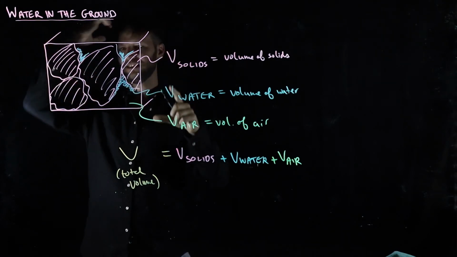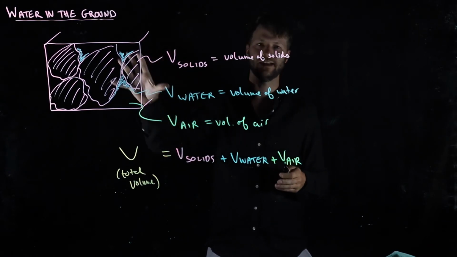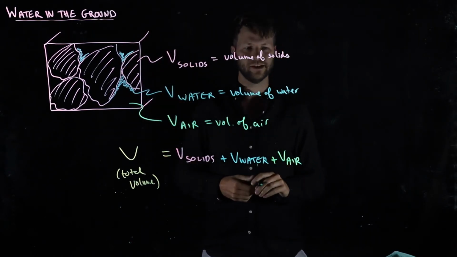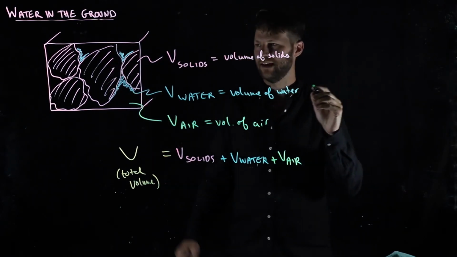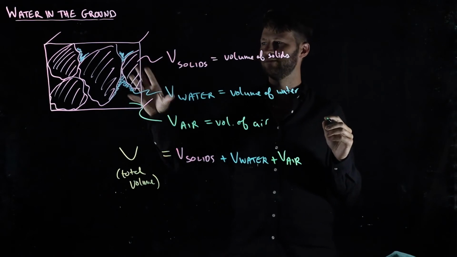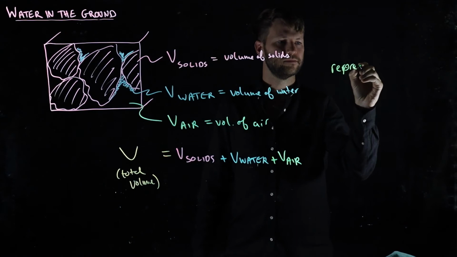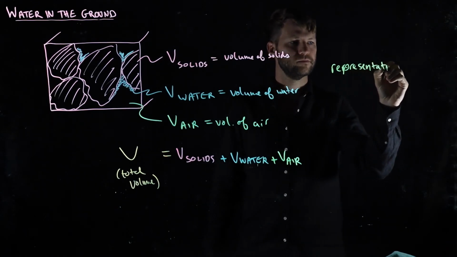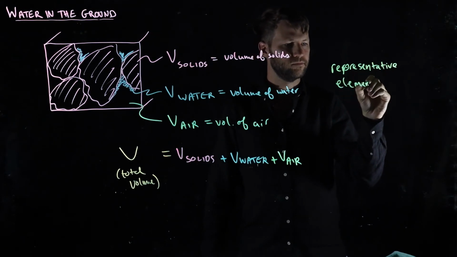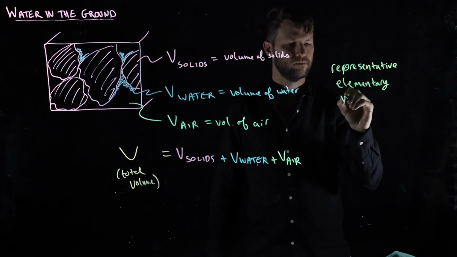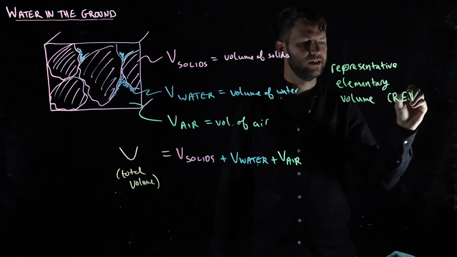But at a certain size, we hope that that variability decreases and that you get a constant physical property. And this concept of the window size over which you're looking and the size at which you have a representative volume is known as the representative elementary volume, or the REV.